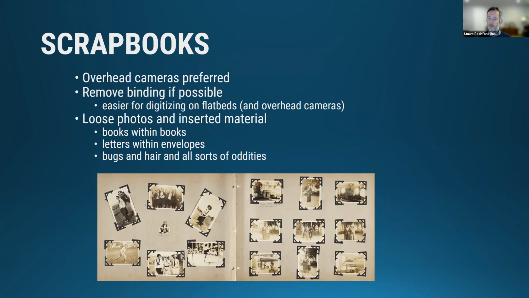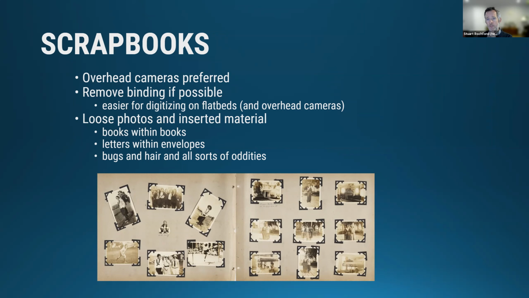All the photos are neatly tucked in, and they're tight, and they're not loose, not sliding around. There's no envelopes with letters. There's no newspapers that need to be unfolded. There's no weird stuff in there, like locks of hair, bugs, who knows what else. Yeah, we find lots of strange stuff in scrapbooks.